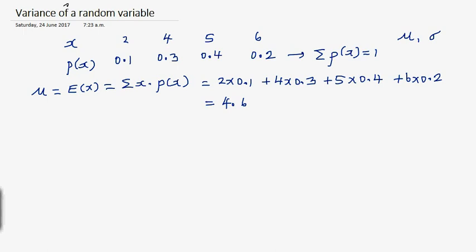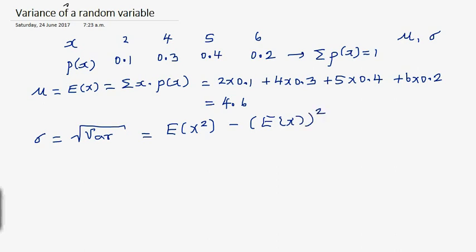Now we want to find the standard deviation, which is the square root of variance, and we saw the variance is sigma x squared times probability minus the expected value of x, the whole squared.